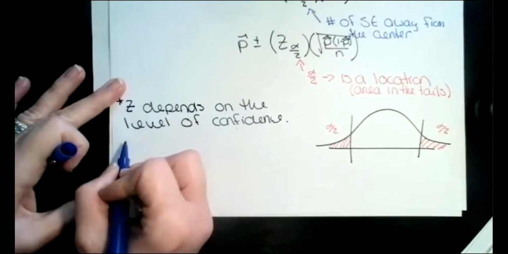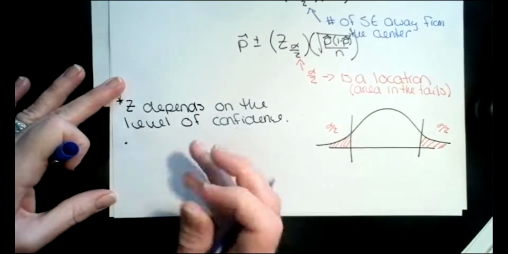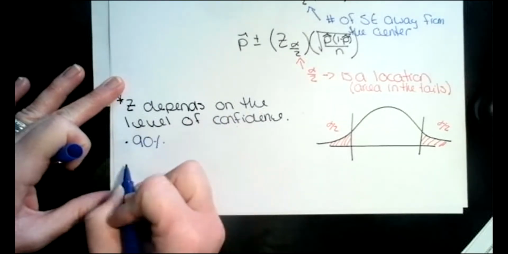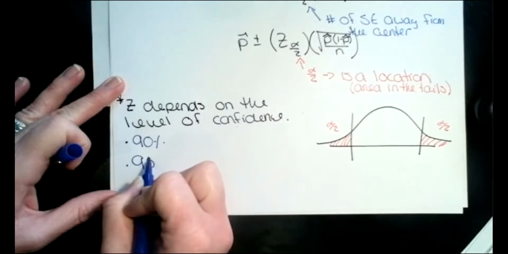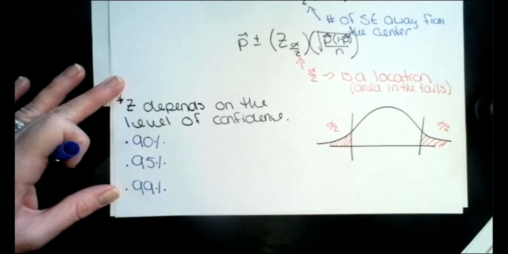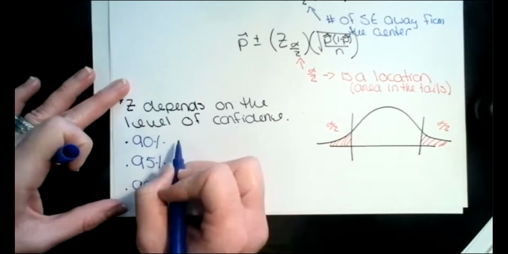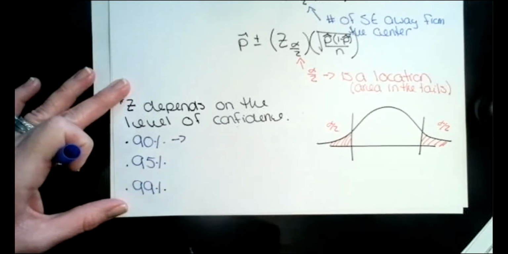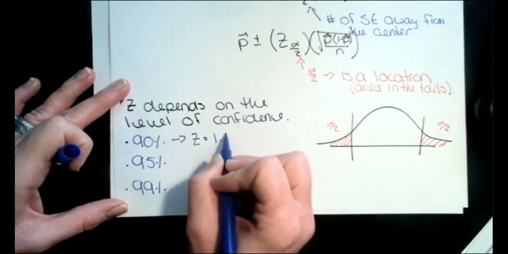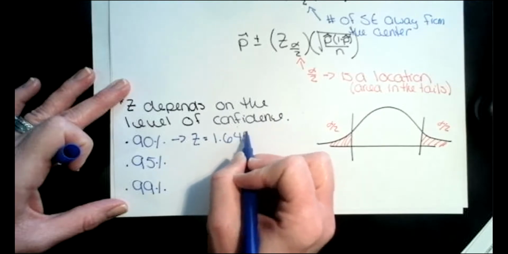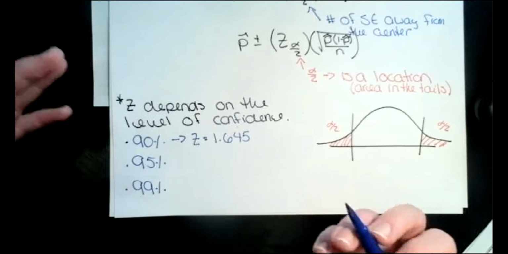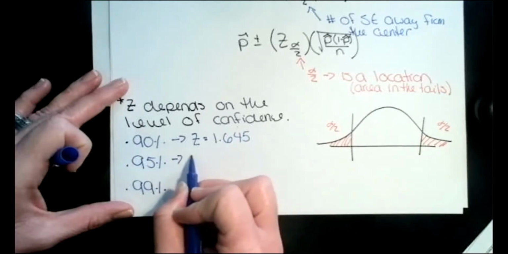And we typically see 90%, and then sometimes we see 95%, and some other times we see 99%. If we have a 90% level of confidence, that just means that Z is equal to 1.645. You don't need to know that here because Minitab is going to do this work for us, but it's just nice to know what's represented.